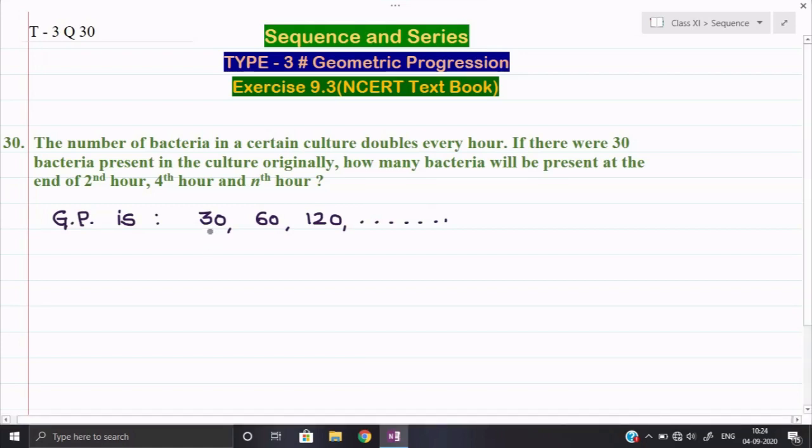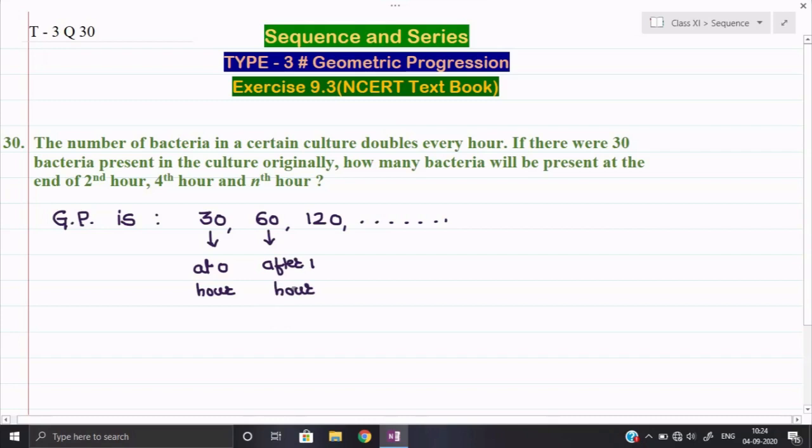So 30 is the bacteria at 0 hour, and similarly 60 is after 1 hour, because after 1 hour the number of bacteria becomes 60.